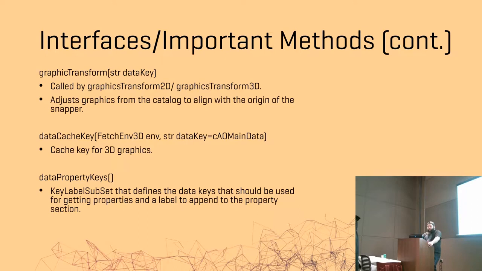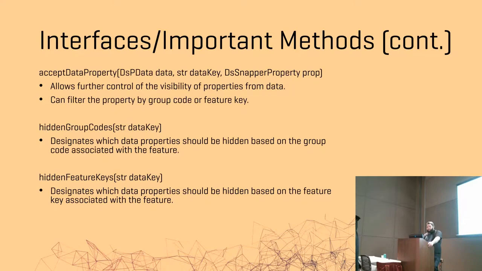We also have data property keys. This is a key label subset that you can use to control what properties you pull from which data. Maybe you don't always want to pull properties from your data; you can control that functionality here. Accept data property passes in a DsPData, and takes in the data key as well as the DsSnapper property.